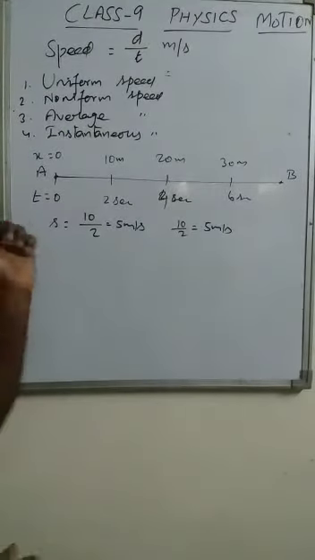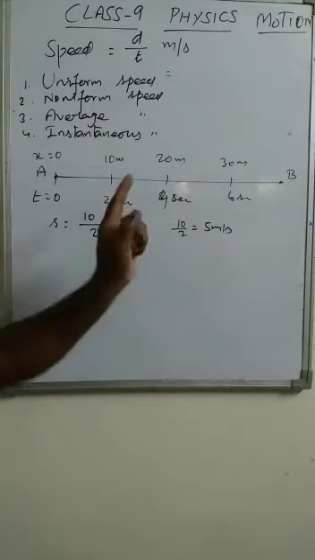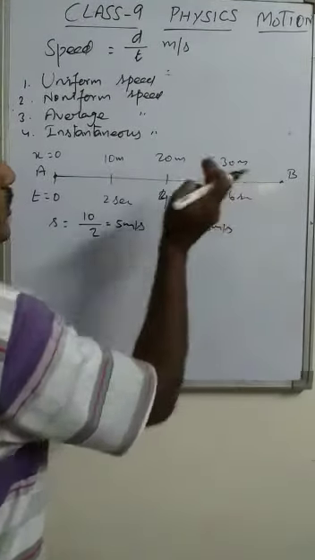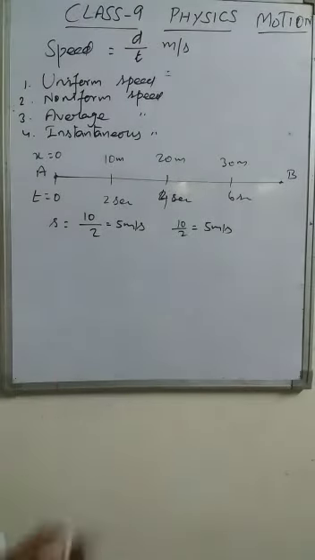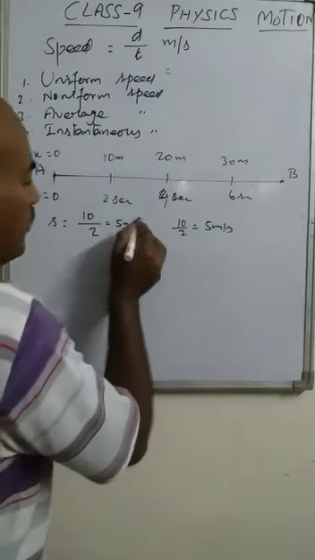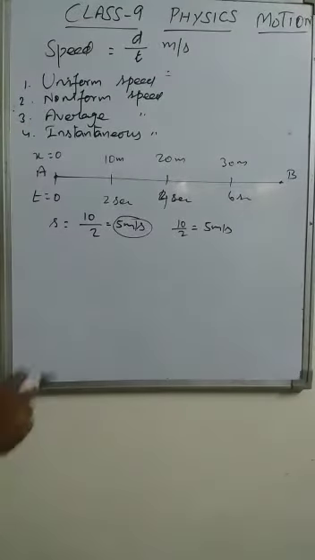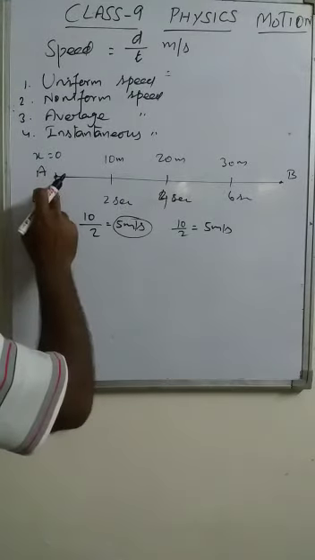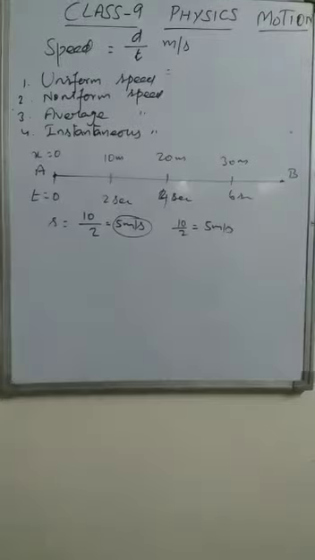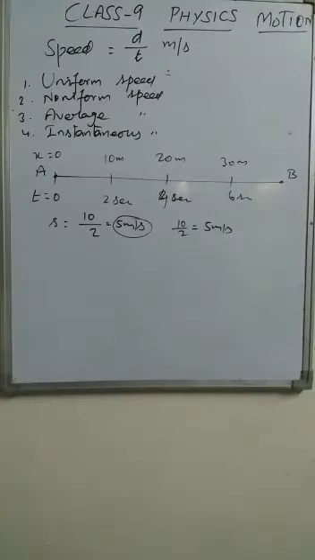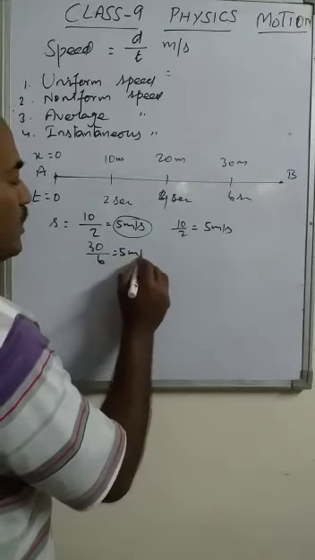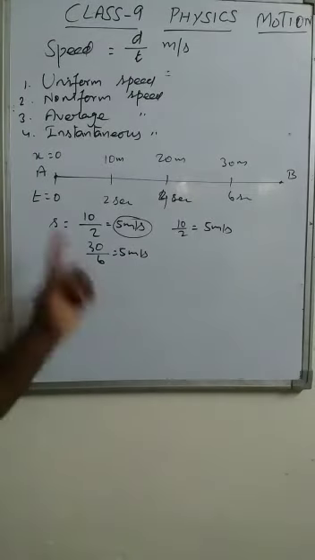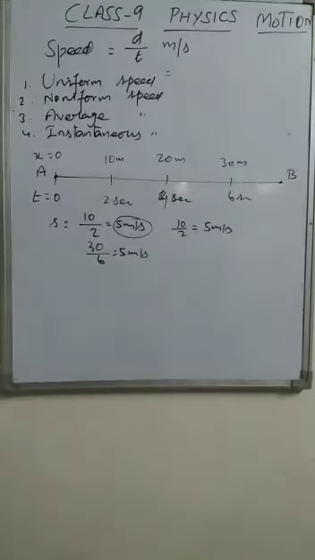Likewise, if you calculate the speed between 0 and 6 seconds, the speed comes the same, 5 meter per second. For the whole journey, time taken is 6 seconds and the distance is 30 meter. 30 meter upon 6 seconds, 5 meter per second. So throughout the whole journey, the speed comes constant.